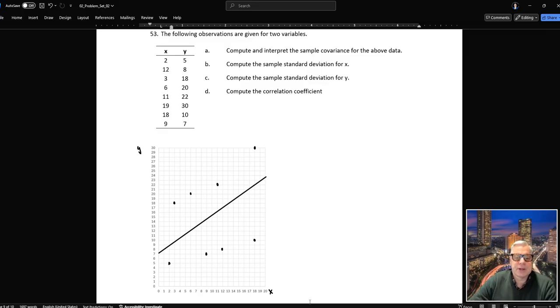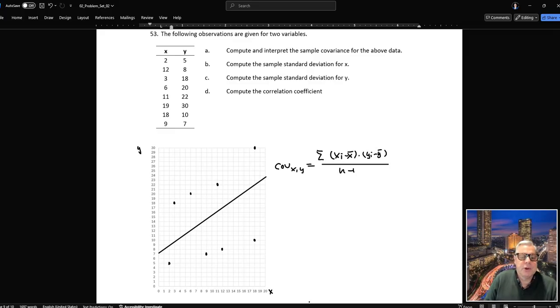So the formula for the covariance is, again, I just write it here, covariance of x and y is the sum of the products of all the deviations from the mean divided by n minus 1.